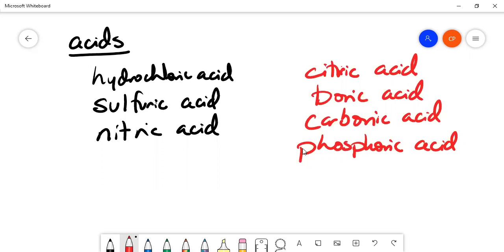What's the formula of nitric acid? Yep, it's HNO3. Isn't there another acid that has nitrogen in it that has a very similar but subtly different formula?